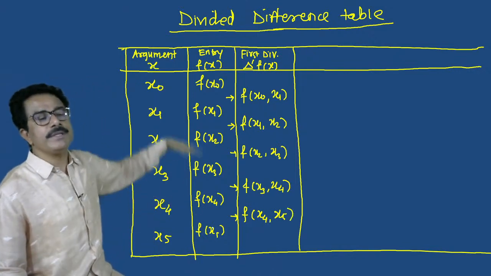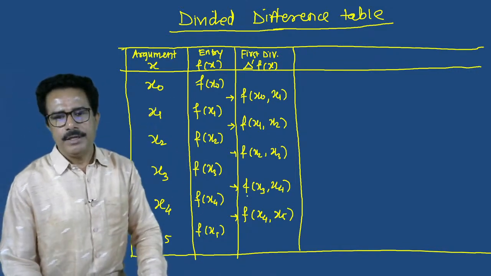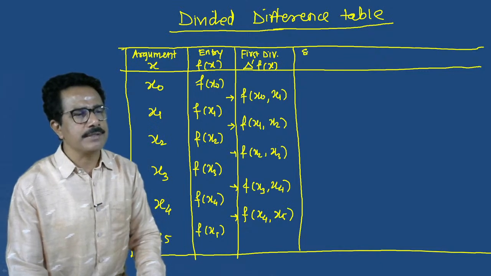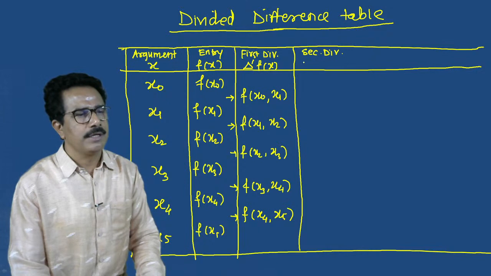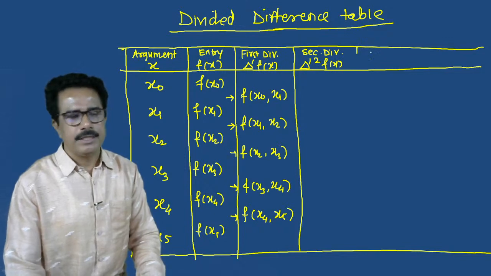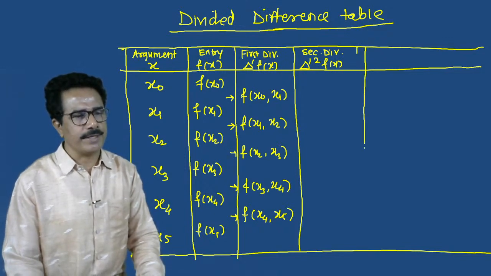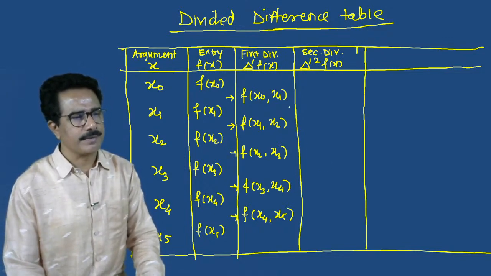It means the difference between two successive terms. Now the second divided difference, delta dash 2 f of x. How can we divide this?